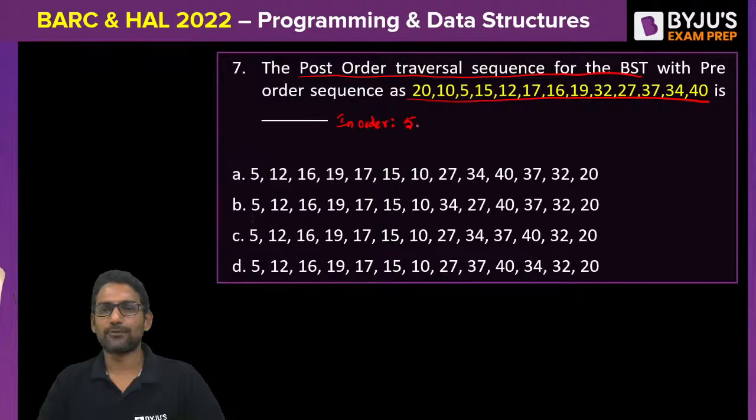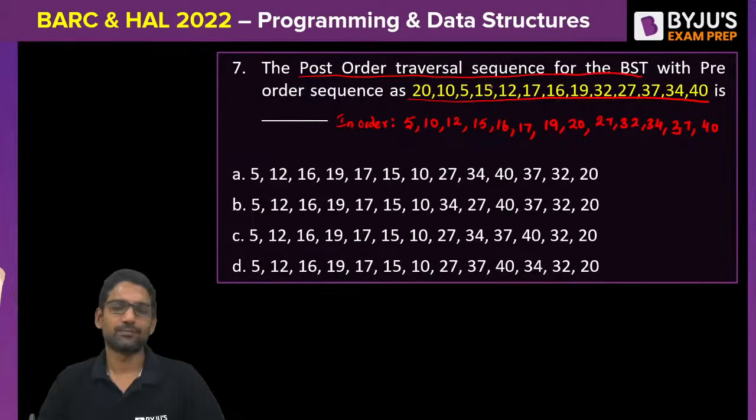If so, I'll get 5, 10, 12, 15, 16, 17, 19, 20, 27, 32, 34, 37, 40. 3 plus 3, 6 plus 3, 9 plus 4, 13. Yeah, 13 elements.